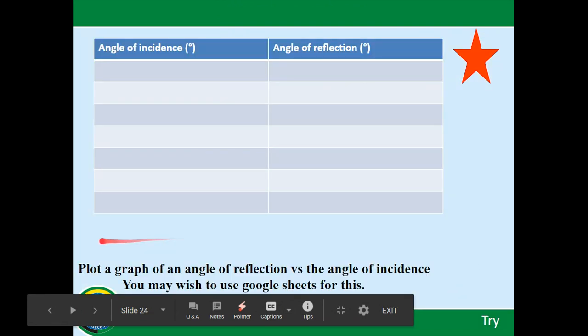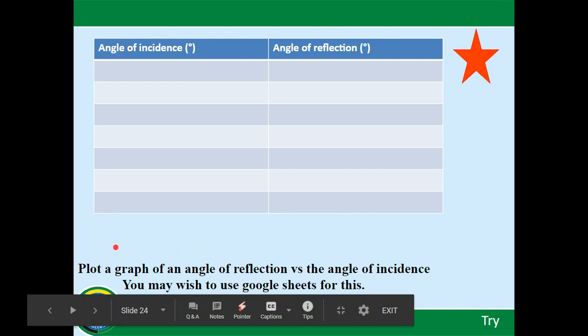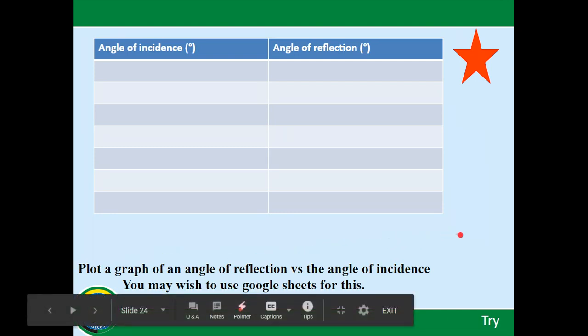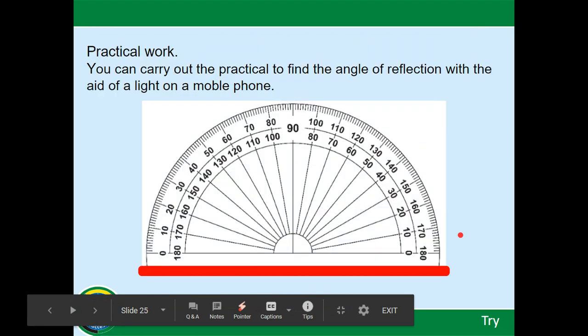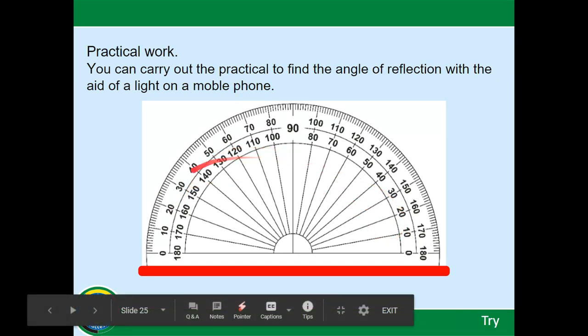So when you do your little practical, write down your angle of incidence and write down your angle of reflection. Okay, have a go at plotting that against each other and see what you get for that. Okay, if you need a protractor, not a ruler, here is one for you.